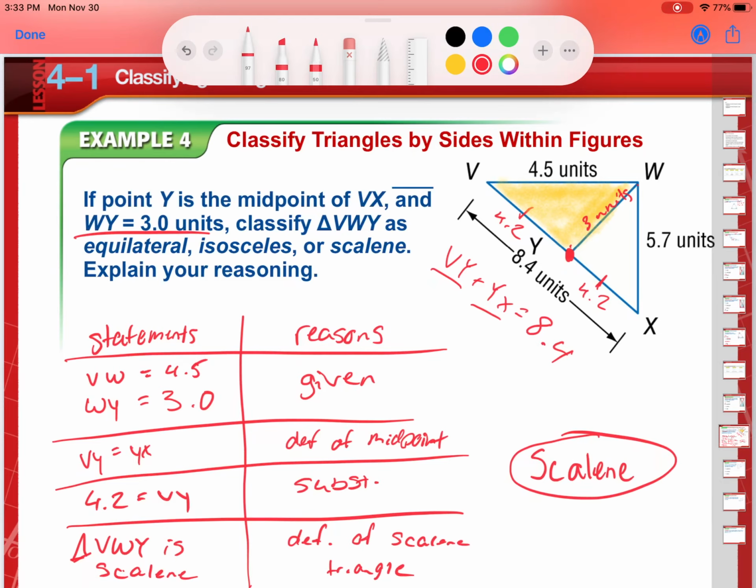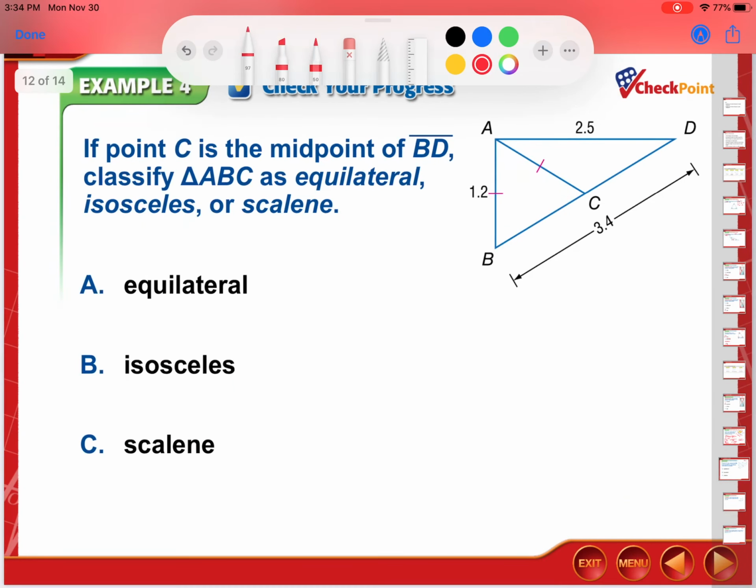All right, so that's how you'd write a two-column proof for something like this. Like I said, I know that's not in the directions, but I feel like showing you guys who take the time to watch the video how that would be done is going to be beneficial to you in the future, whether it be this year, next year, 4 years, I don't know.